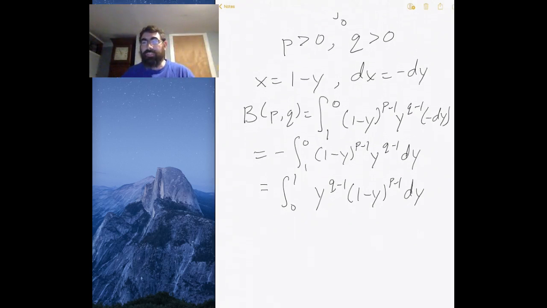Looking at that, it just looks like the beta function again, except we've swapped the role of p and the role of q.